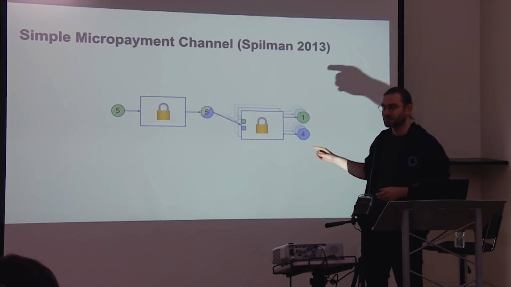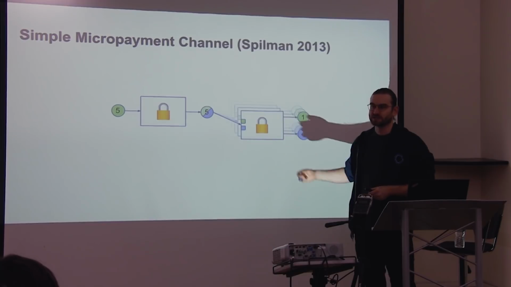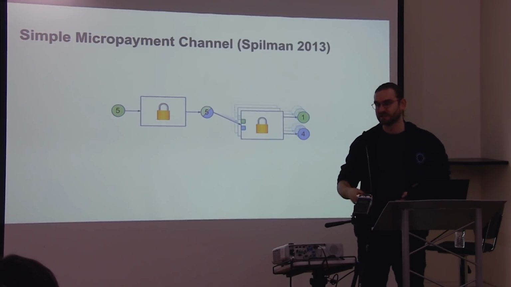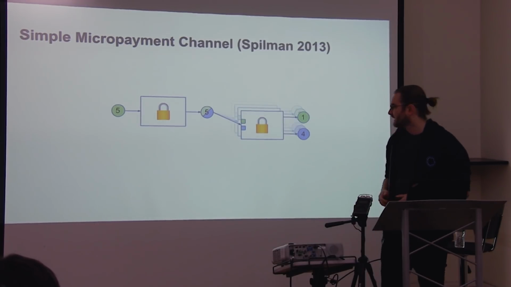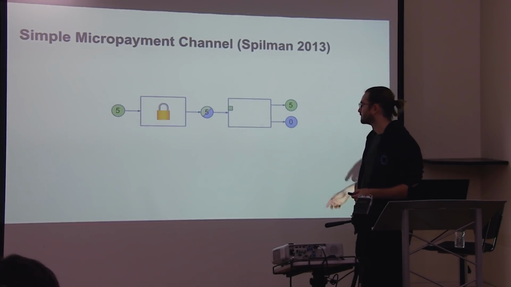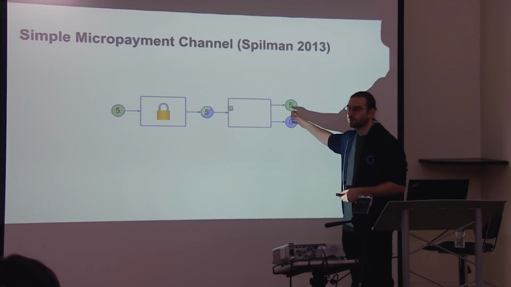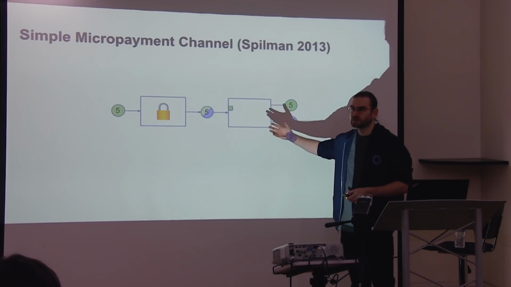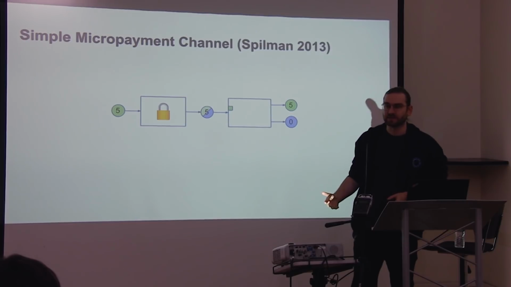What happens if people disappear? So the easy case is when green disappears, blue can just take one of these transactions, sign it, and send it off. If in the initial state, or any state in between, the blue party disappears, then we have a problem, because the green party does not have any way of recovering those funds.